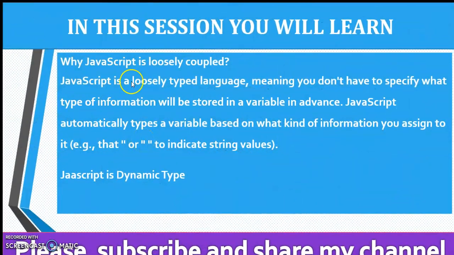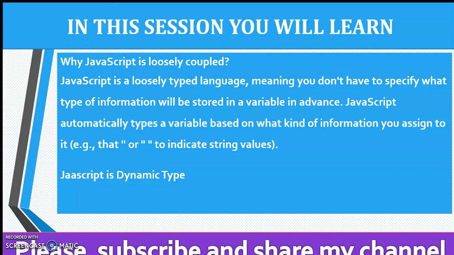Now let's go to the next slide. JavaScript is called a loosely typed language. Why? Because when you assign a value to a variable, it doesn't use any data type like integer or string. You don't define the name of that data type, so it is called loosely typed. What you assign as the value depends on the variable.